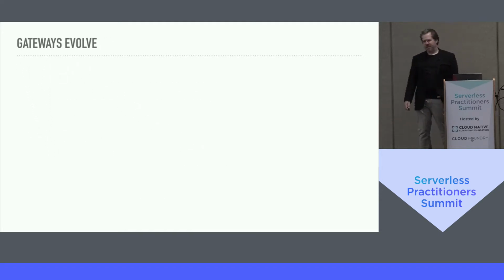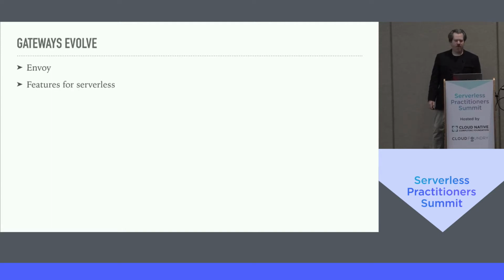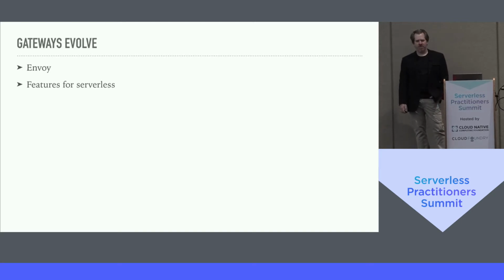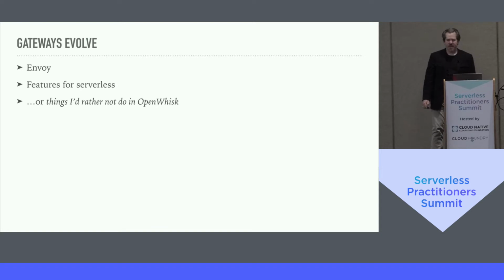And while serverless has evolved technology-wise, API gateways and approaches to API gateways have also evolved. Specifically, a lot of us are following the evolution of Envoy, and it has some interesting features that are potentially really handy for a serverless platform. These are things that I would just rather not do in OpenWhisk if we don't have to.